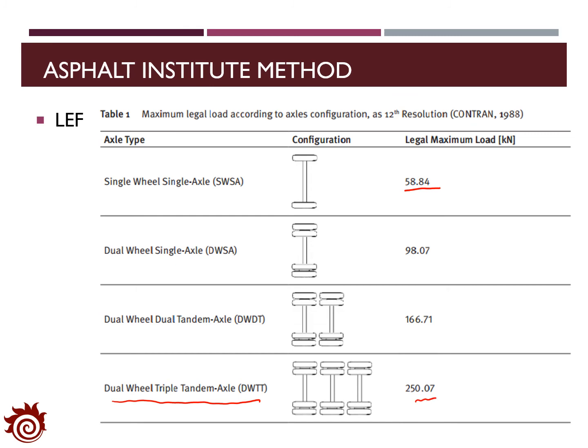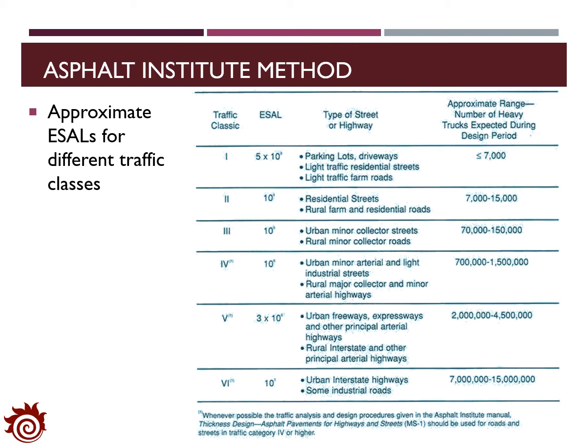250.07. The table on this page shows the approximate ESALs for different traffic classes. For example, for Class 1, which would be the parking lot, driveway, or light traffic residential street, the number of heavy trucks expected during the design period is less than 7,000. In that sense, we can find the equivalent ESAL is less than 5 times 10 to the power of 3.